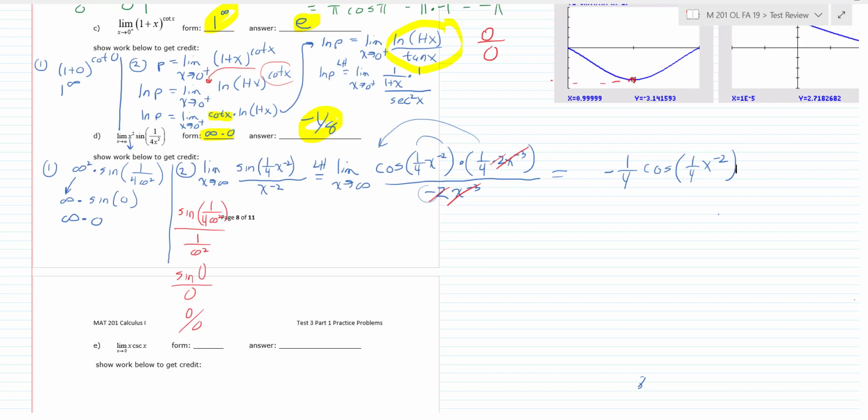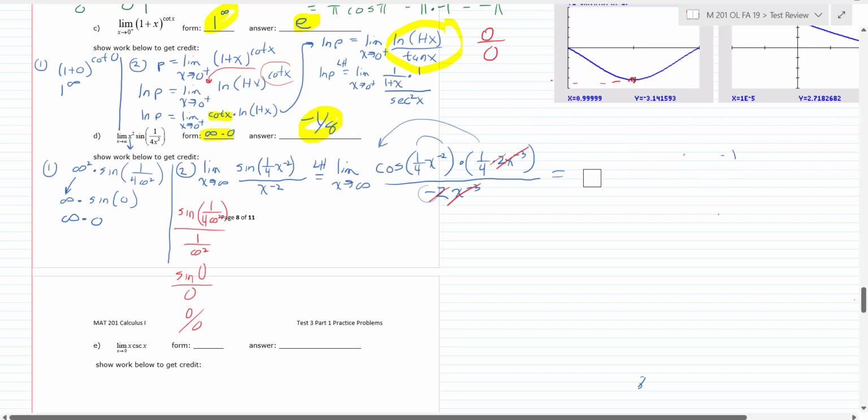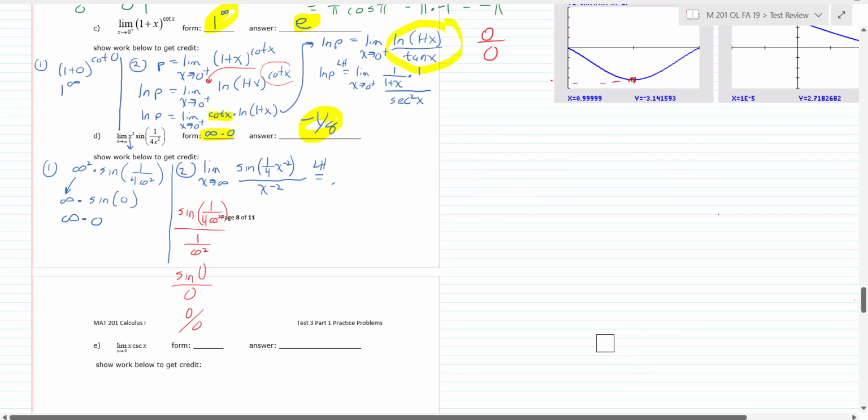Now I made 2 mistakes in here. Let me show you what I did. I did a couple of really stupid things here. So it goes like this. We're ready to do L'Hopital's rule. This time I'm going to take my time and be a little more careful.